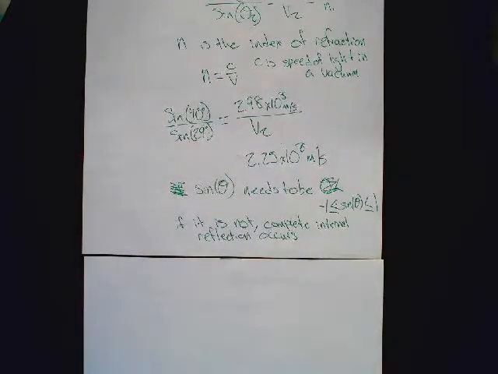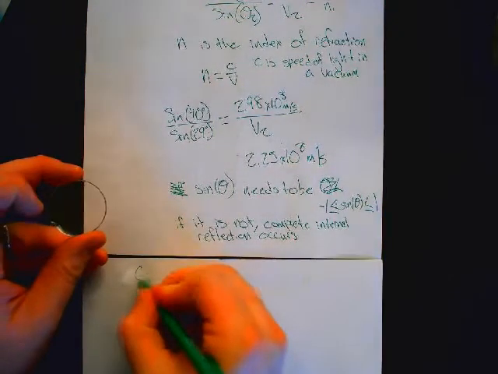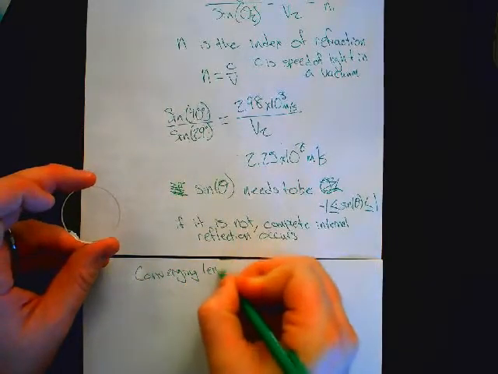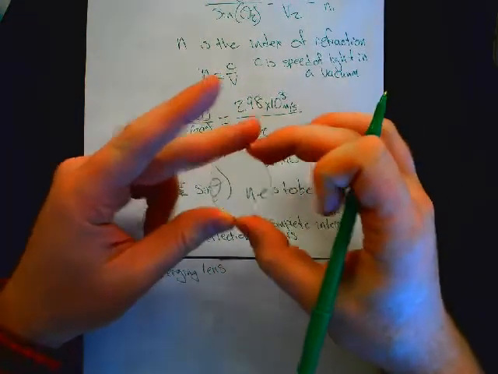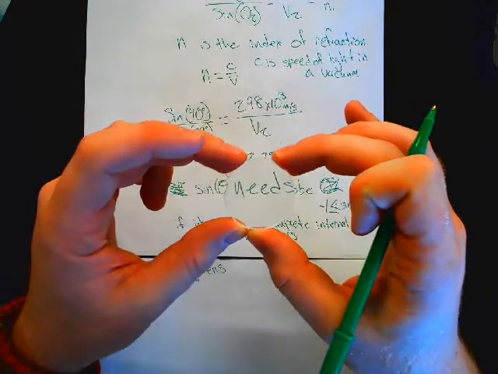Okay. All right. So situations where we actually use this in a more common sense would be lenses. We have converging and diverging lenses. Let me see if I've got a couple examples. I got one of each here. So a converging lens is a lens where we can take this, and I'm just going to pick a letter here.